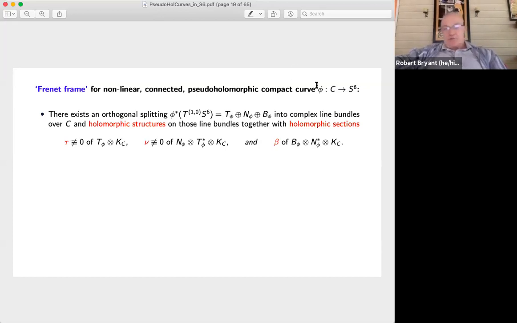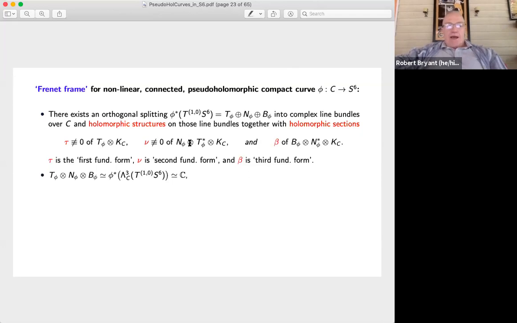Nu is like the second fundamental form, and beta is like the third fundamental form. And because the tensor product of these 3 line bundles is isomorphic to the pullback of the third exterior power, which we know is trivial, this tensor product is C.